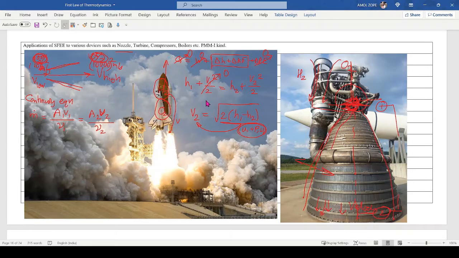So remember, the enthalpy difference goes into the change in kinetic energy. This is the way we increase the velocity.